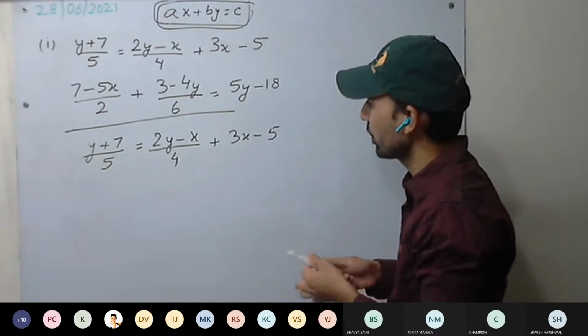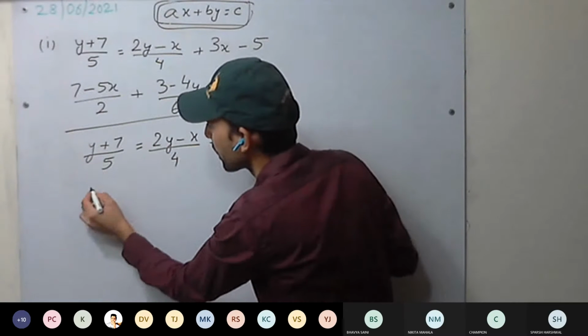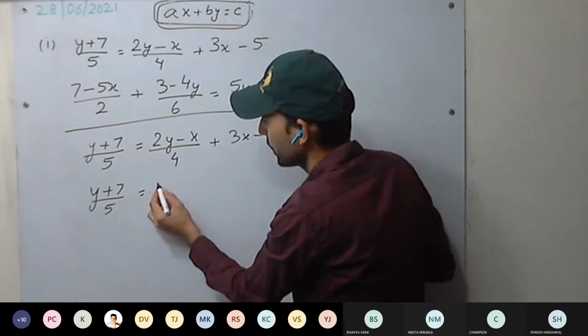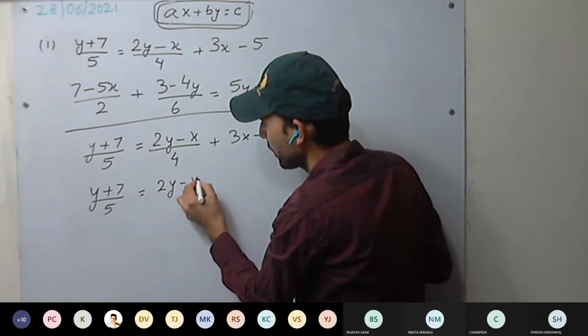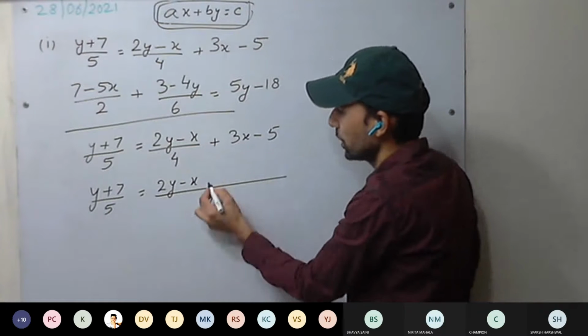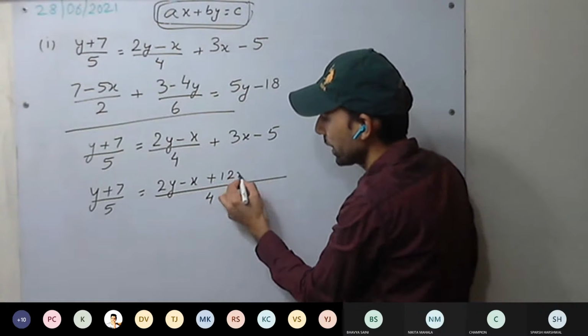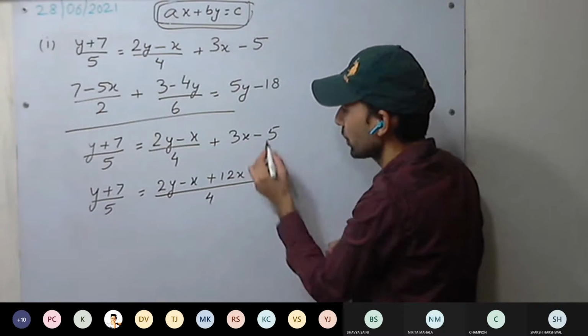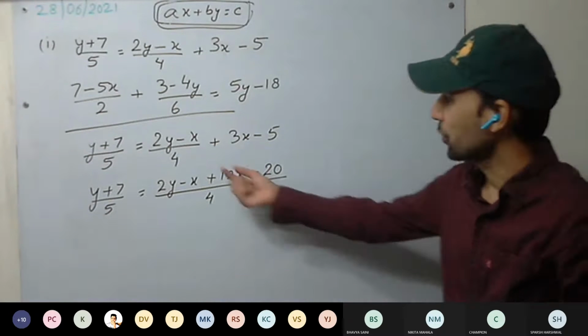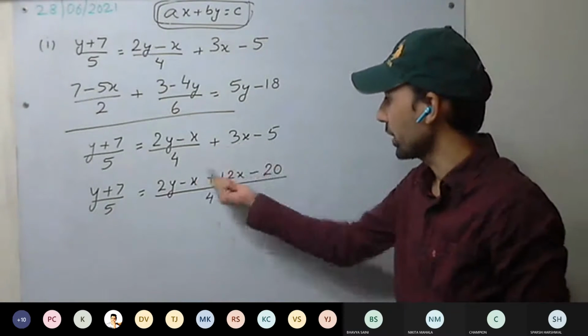So we take the LCM here. (y plus 7) divided by 5 equal to (2y minus x). I am taking the LCM for the whole, so it will be 12x minus 20. We have multiplied 4 with 3, which is 12.